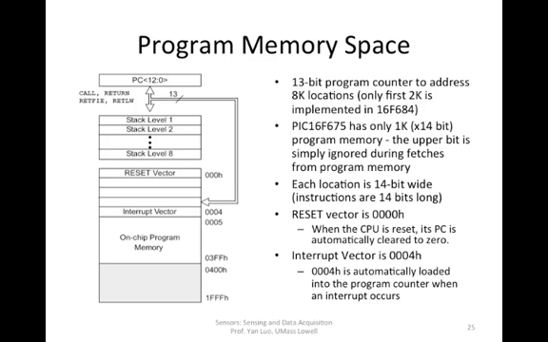The second special address is 004. That's the interrupt vector. Again, this is the address that stores the first instruction of the interrupt service routine. You can use interrupt for your ADC. You don't have to, but one option is to enable interrupt for the ADC. Interrupt will be triggered once ADC conversion is completed.